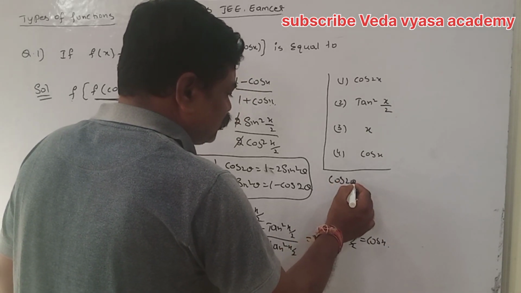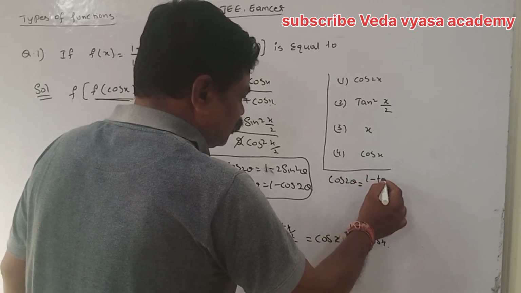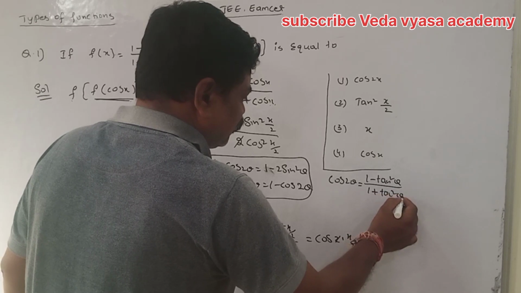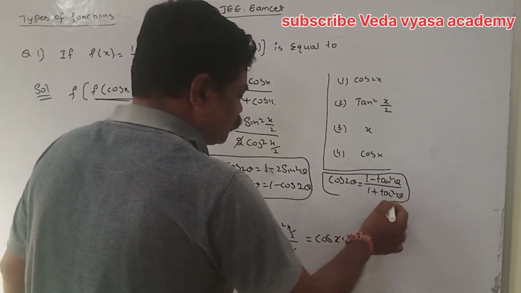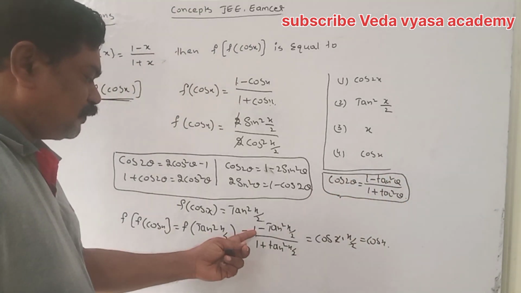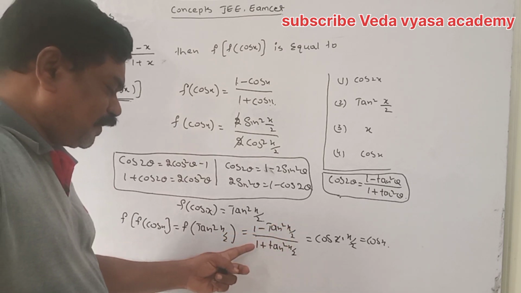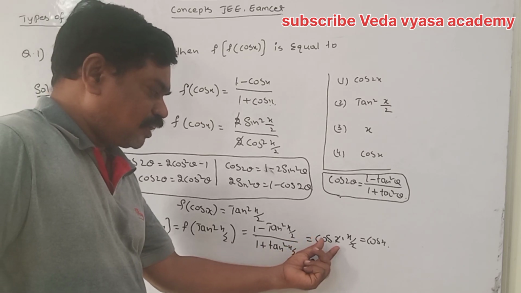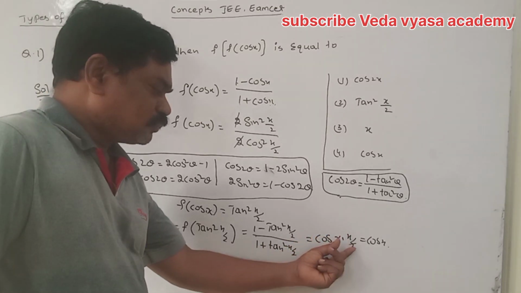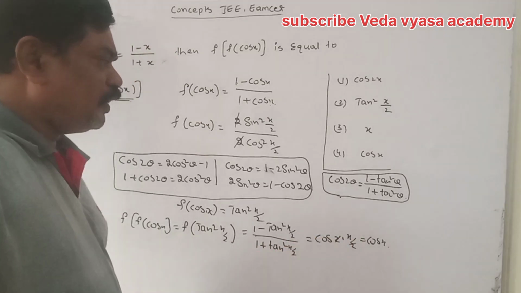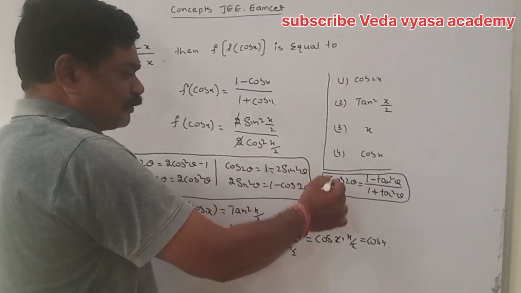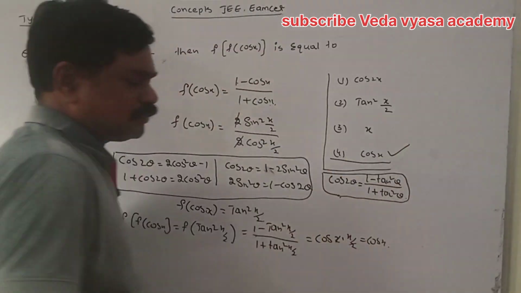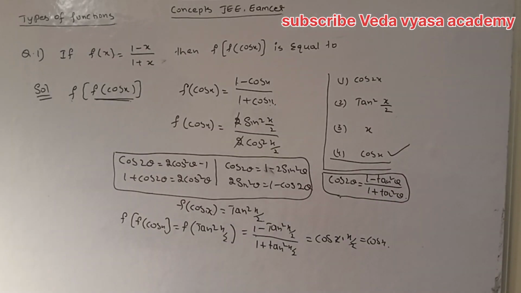Because cos 2 theta is equal to 1 minus tan square theta by 1 plus tan square theta. By using this formula, 1 minus tan square x by 2 by 1 plus tan square x by 2 is equal to cos 2 into x by 2, so the 2 cancels and we have cos x. By observing these options, option 4 is the answer. Okay, all of you, option 4 is the answer.